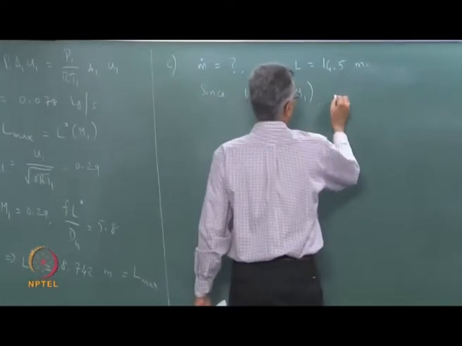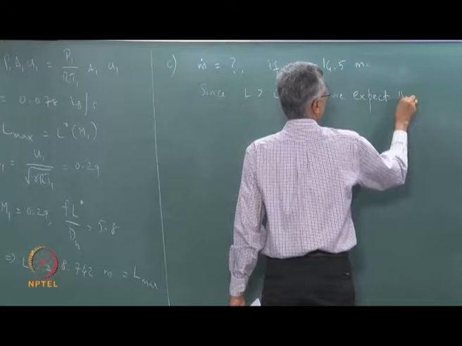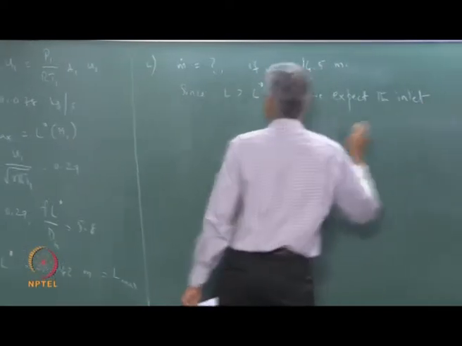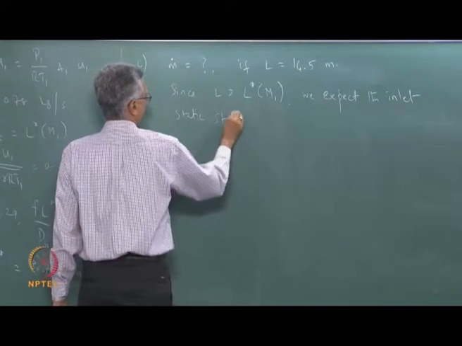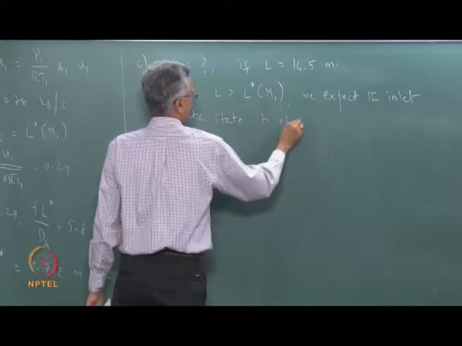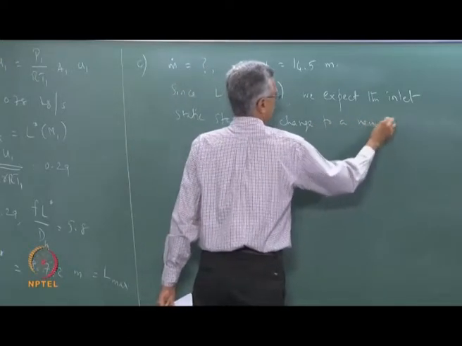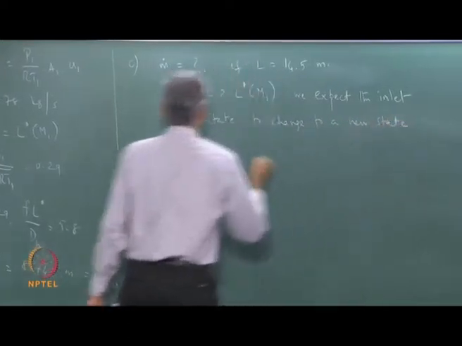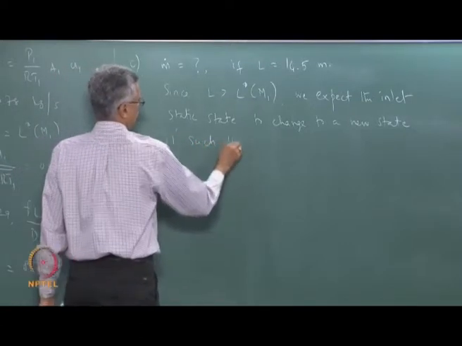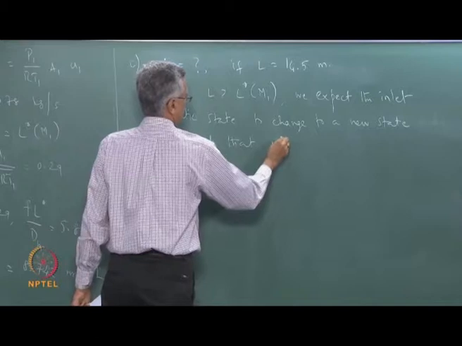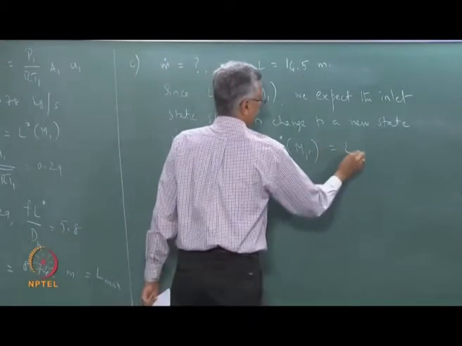Since L is greater than L star, we expect the inlet static state to change to a new state, which we are going to call, let us say, 1 prime, such that L star corresponding to M1 prime is equal to L.